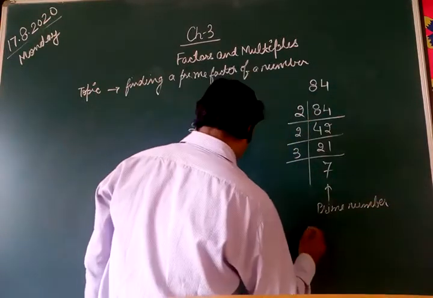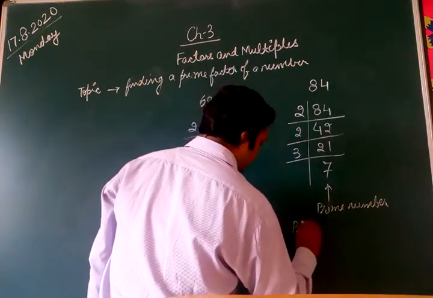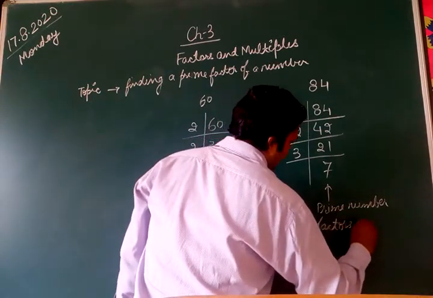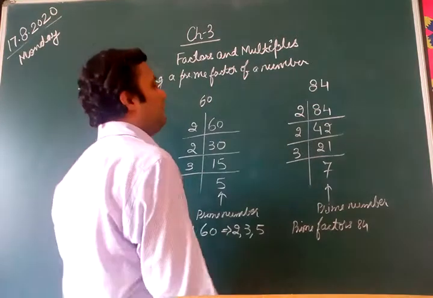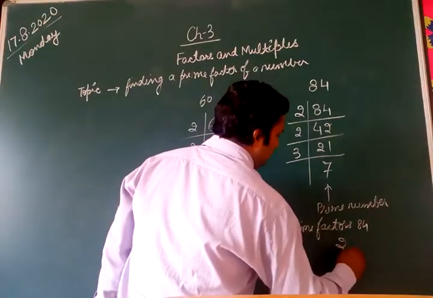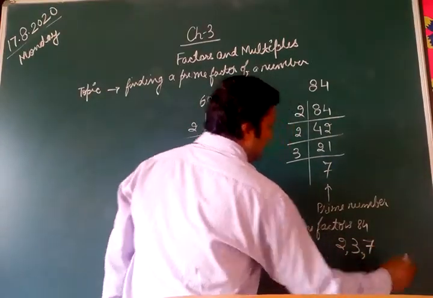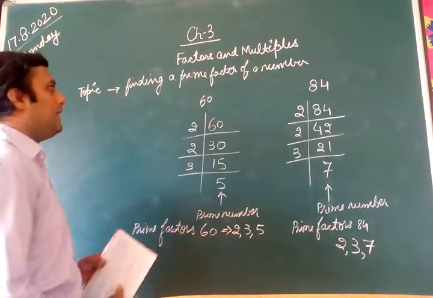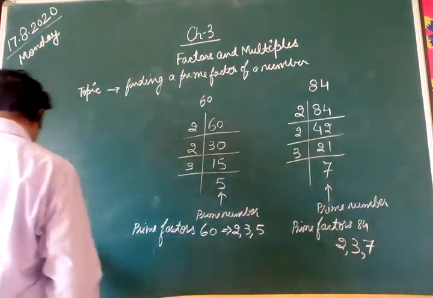The prime factors of 84 are 2, 3 and 7. So in this way you can find the prime factors of a number.